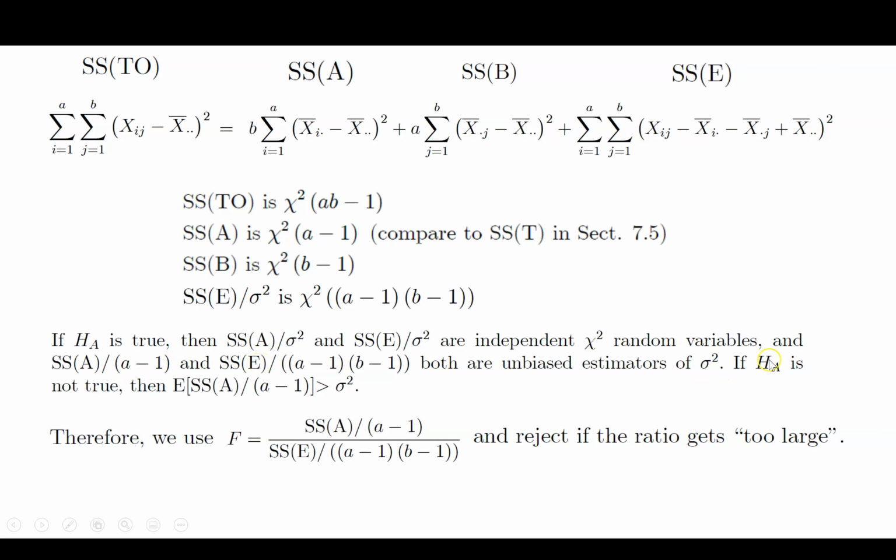However, if H_A is not true, then just like what we talked about in the previous section with our treatment sum of squares, the expected value gets bigger. So if I do the ratio of SSA to SSE, dividing out by its degrees of freedom, that ratio should be getting bigger than 1. So we'll use an F distribution and reject if that ratio gets too large, depending on how many degrees of freedom we have and what significance level we want.